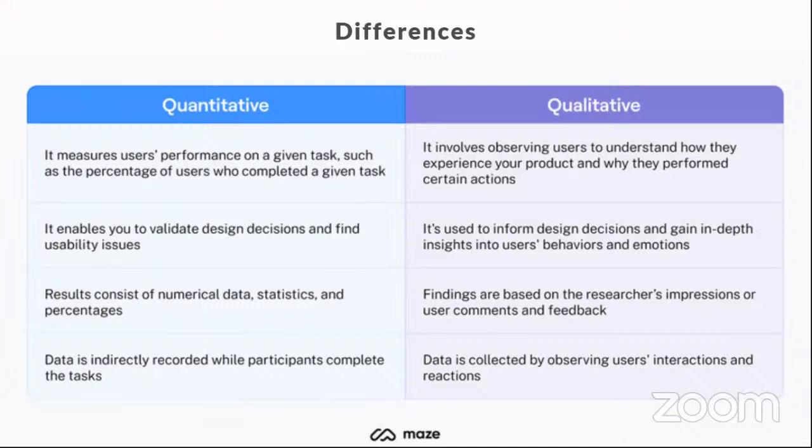Finally, data in quantitative usability tests is indirectly recorded while the participants are carrying out the task. You're not going to be there. It's just like your survey, when you are doing your group task, for example, you sent out Google Forms, right? You did surveys, and then you got back all the answers they're giving you.